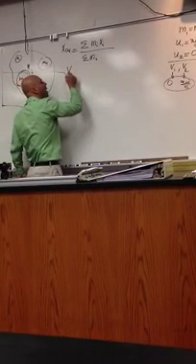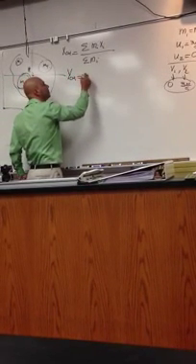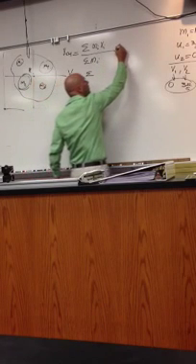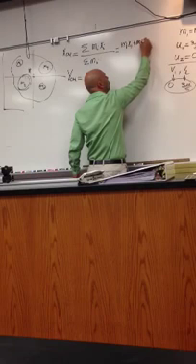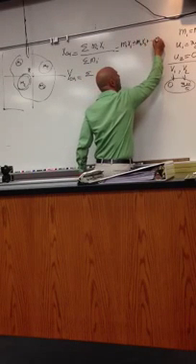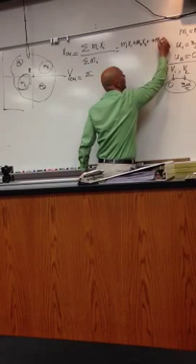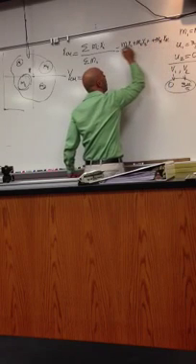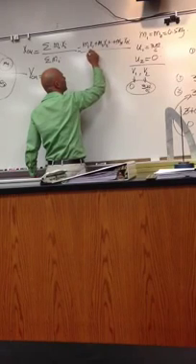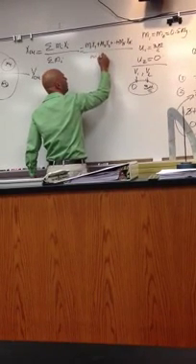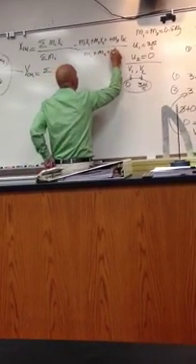How can we find Ycm? Again, it is the same: m1 x1 plus m2 x2 plus mn xn over the entire mass, which is the summation of all masses, m1 plus m2 plus m3.